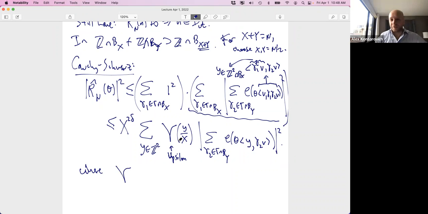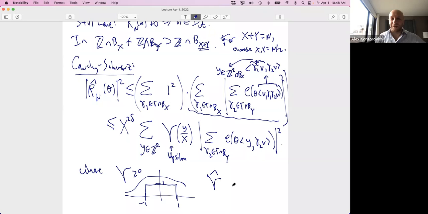It's a function on R2. As a function, I'll draw it in R1. I want it to be non-negative, and I want it to be bigger than 1 between -1 and 1. And I want its Fourier transform to be supported in -1, 1.